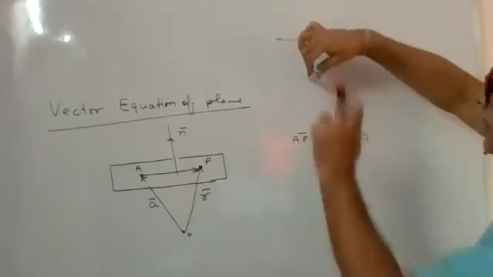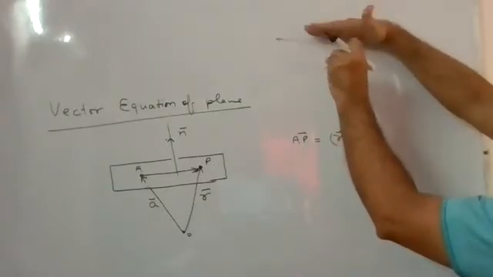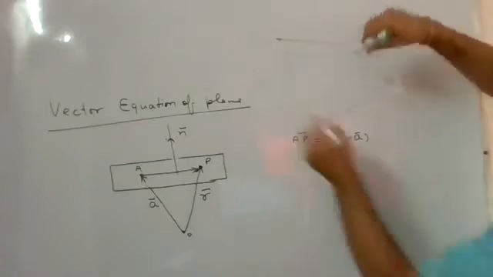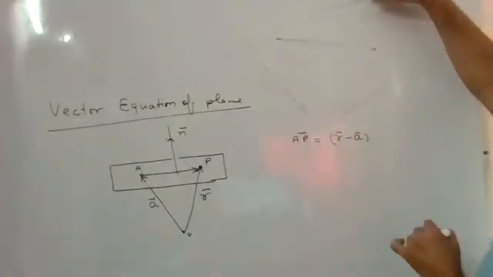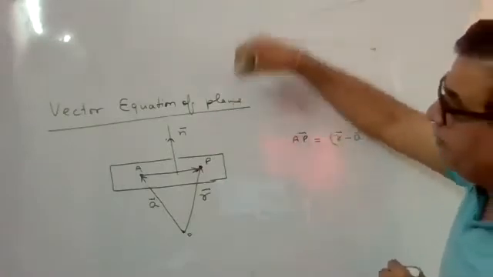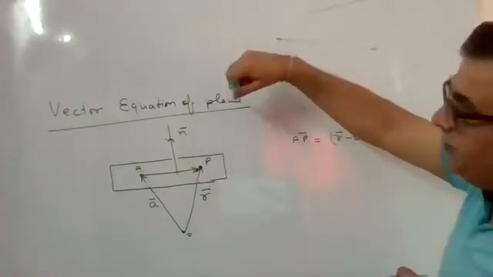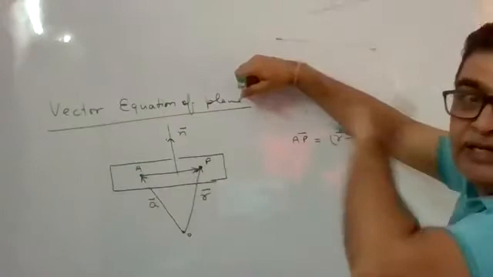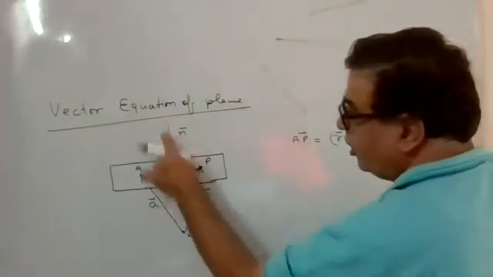So the normal will always be perpendicular to this line. This vector will always be perpendicular to this line. You draw the line here, it will still be perpendicular; here, still perpendicular; here, still perpendicular. So that's why I'm saying the perpendicular to the plane is a must. Because if you take a vector perpendicular to the plane, it is perpendicular to each and every line in the plane. So that's why we say AP vector, and this is the normal.